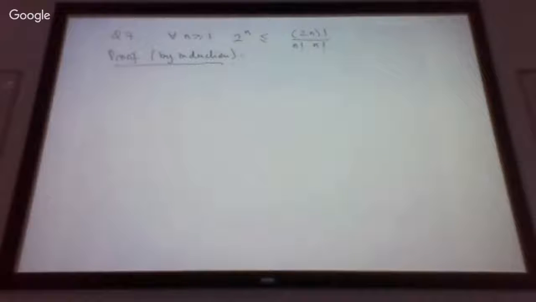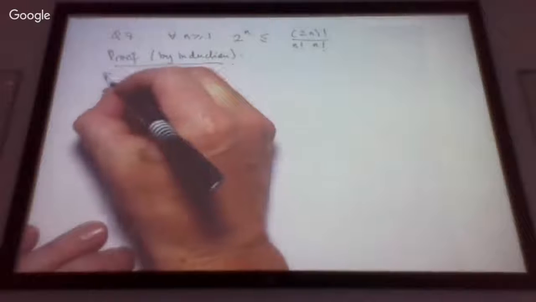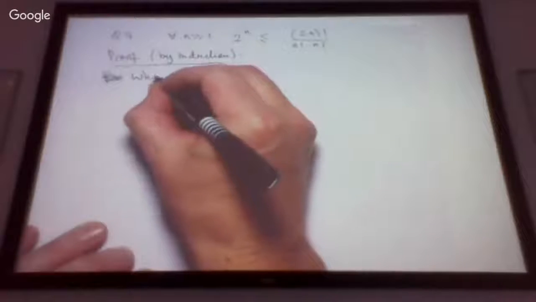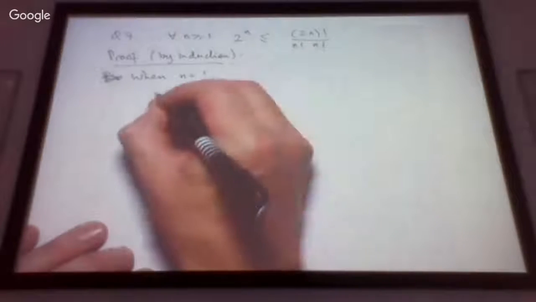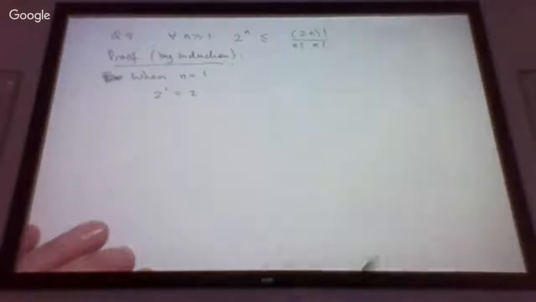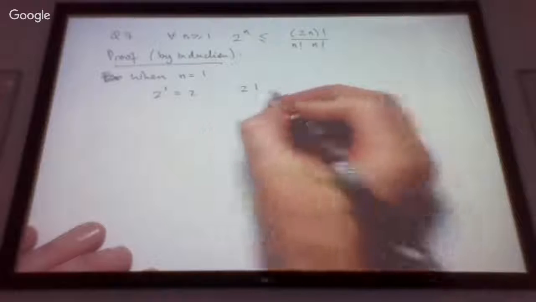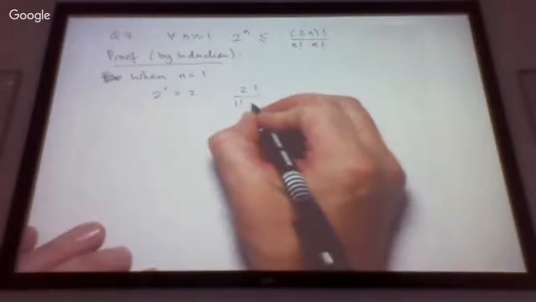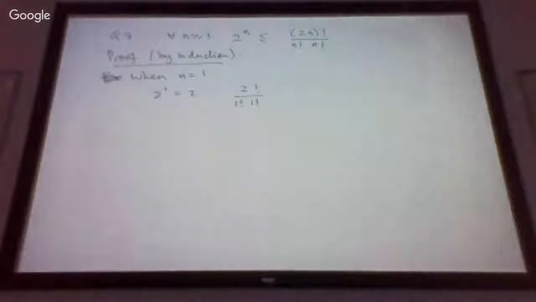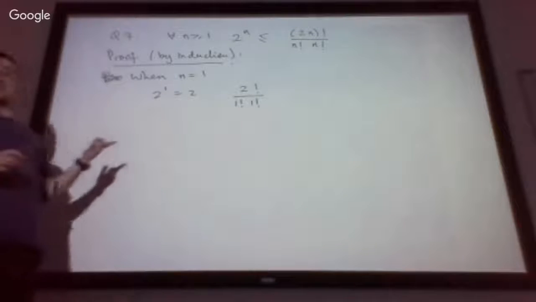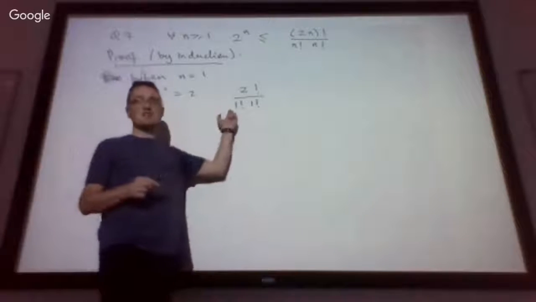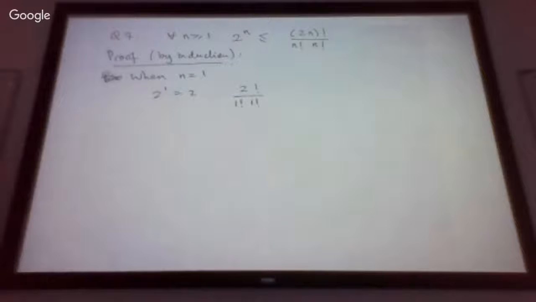Okay, so base case, first of all. When n equals 1, what do we have? 2 to the 1 is 2. And how does that compare to 2 factorial over 1 factorial by 1 factorial? 2 factorial is 2, 1 factorial is 1, so 2 over 1 is just equal to 2.